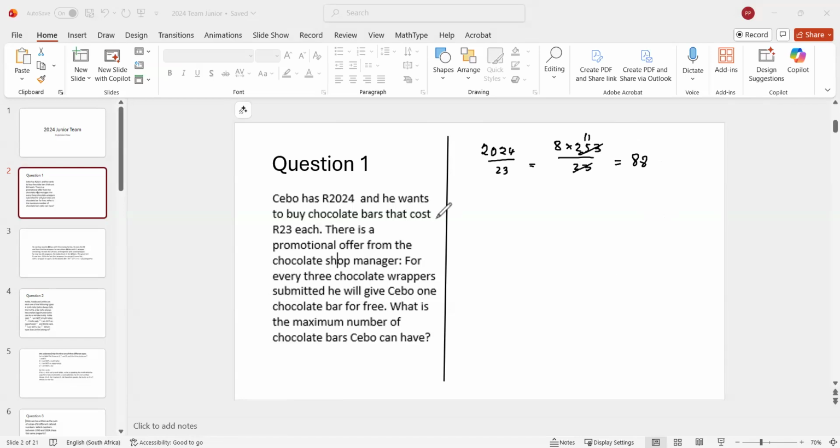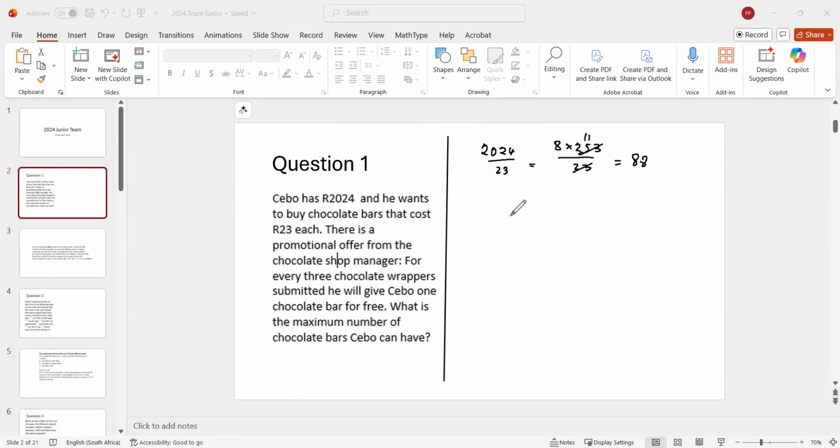Now they say there is a promotional offer from the chocolate shop manager. For every 3 chocolate wrappers submitted, you will give Sebo 1 chocolate bar free. So he's got 88 chocolate bars, and I presume he's going to save all the wrappers. We're going to see how many sets of 3 there are in 88.